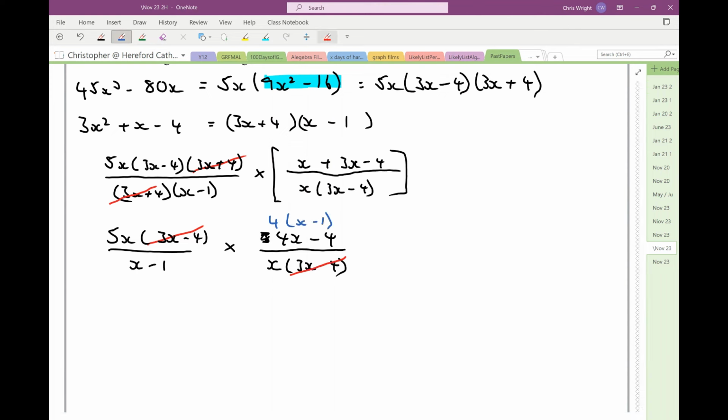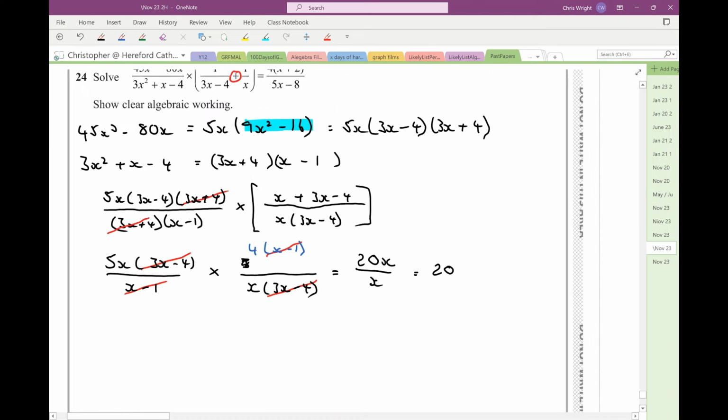And so now I can cancel there and there. So now I can multiply top times top, bottom times bottom. Going to be 5x times 4, which is 20x. I've just seen more cancelling, never mind, over x, which boils down to 20. So my left-hand side equals 20.